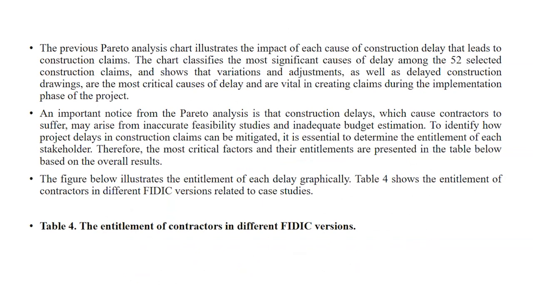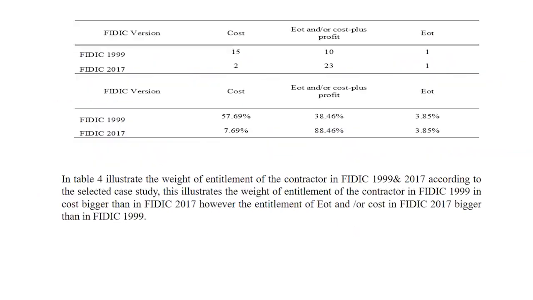Table number 4 shows the entitlement of contractor in different FIDIC versions related to case studies. Table number 4 illustrates the weight of entitlement of the contractor in FIDIC 99 and 2017 according to the selected case study.